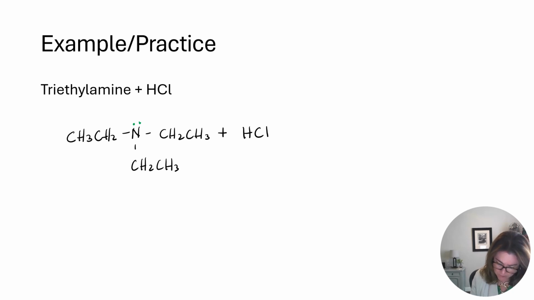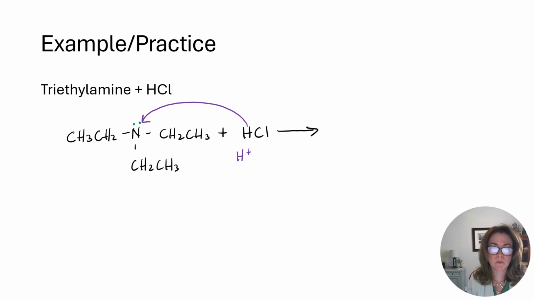So again, that hydrochloric acid is going to donate or give its H+ to the amine. Notice I do not have an equilibrium arrow here. This is a going in one direction arrow, and this is going to produce my salt.